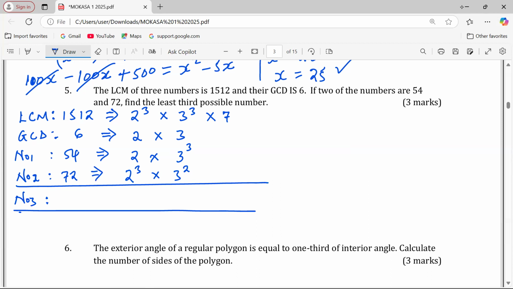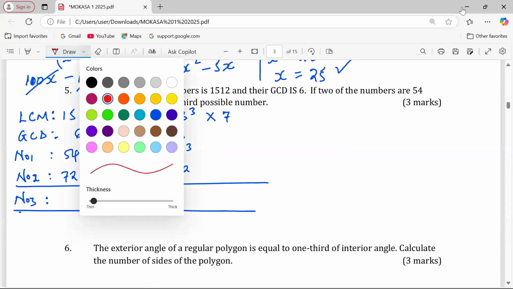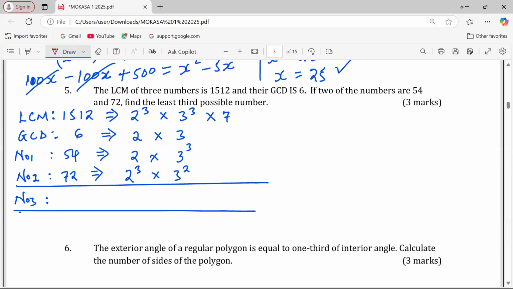Therefore, the ones provided, 54 and 72, are both having 2. At least 2 must appear. Therefore, the new number, so that they may share the GCD, must also have 2.